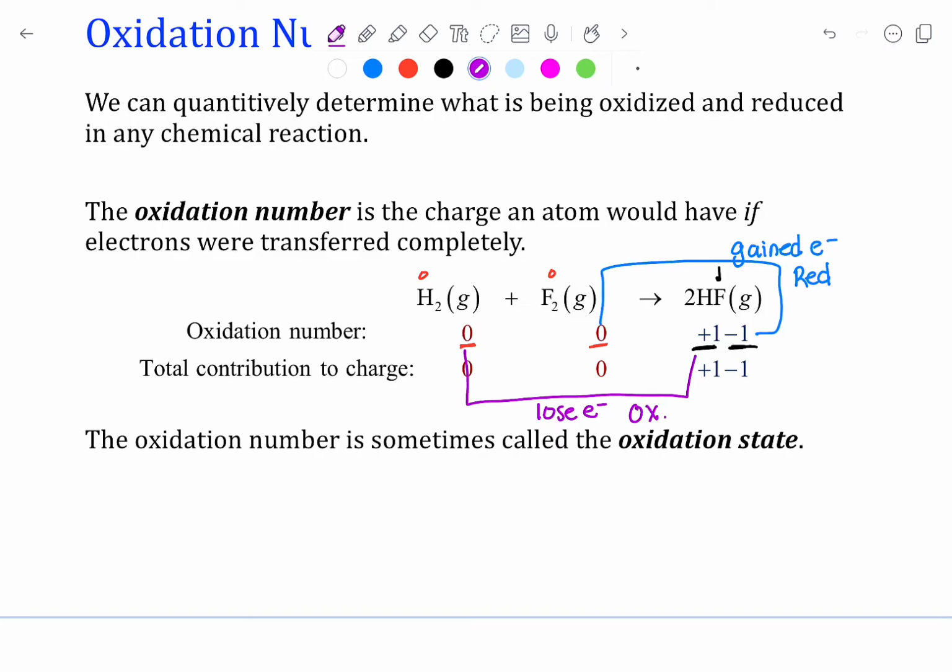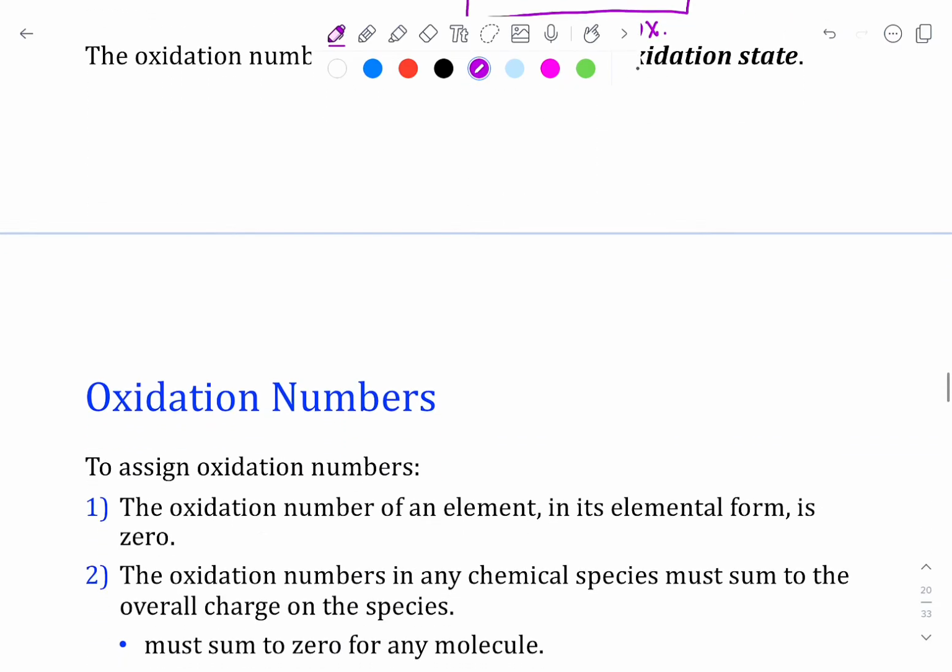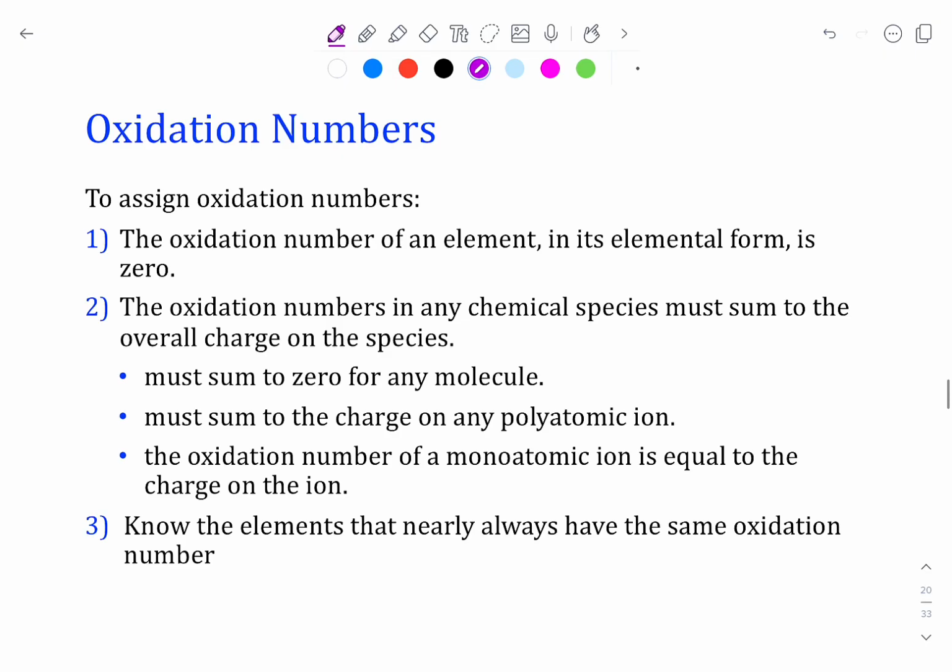So we'll practice this a little bit more. The oxidation number is sometimes referred to as the oxidation state. These oxidation states have individual numbers for the specific elements, as well as an overall contribution to the molecule at hand, which we'll look at through our examples today. So we do have some guidelines for assigning oxidation numbers.